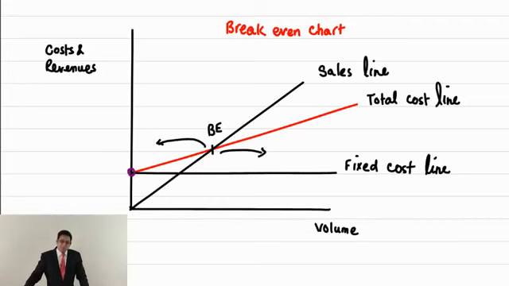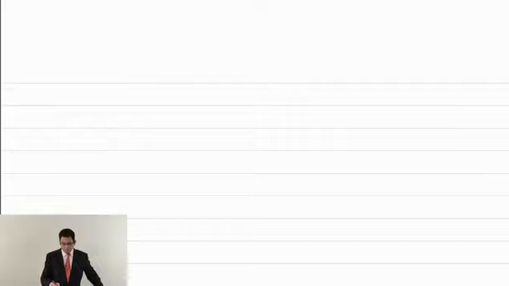The only thing we don't know from this chart is, if we sell more than break-even, how much profit in dollars will be generated, and if we sell below break-even, how much loss the organization will suffer in dollars. So if we want to present the amount of profit or loss on the chart as well, we need to develop another chart which is called a profit volume chart.